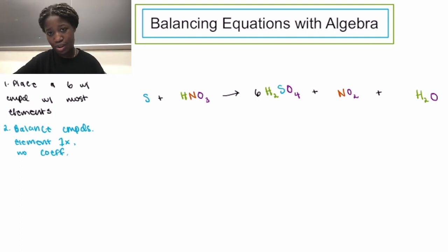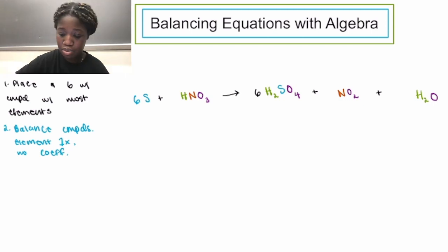There's 6 sulfurs on the right, so there needs to be 6 on the left. But now we've run into a little bit of an issue. None of the remaining compounds follow this criteria because they all appear more than one time. This is where the algebra comes into play.